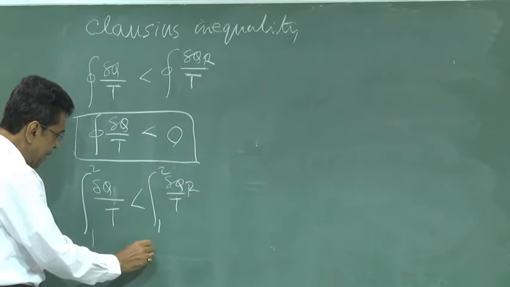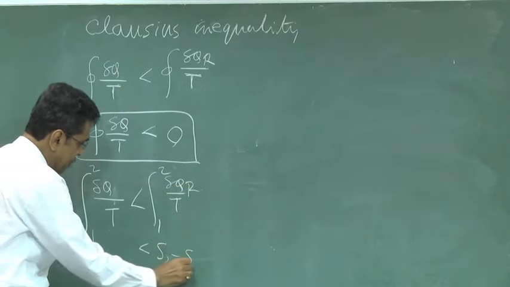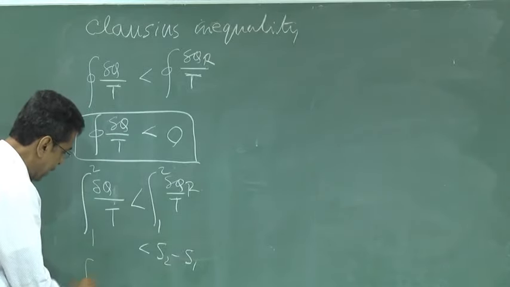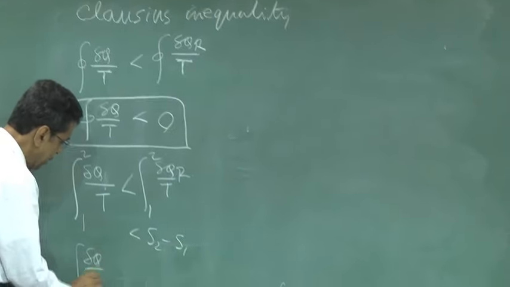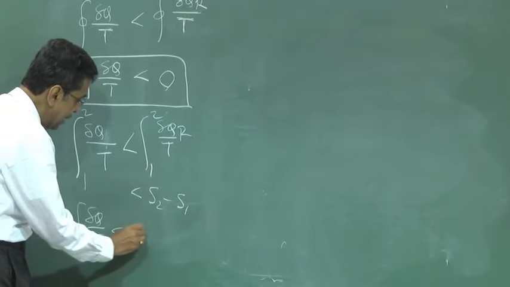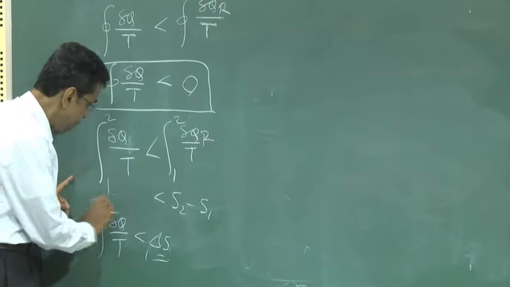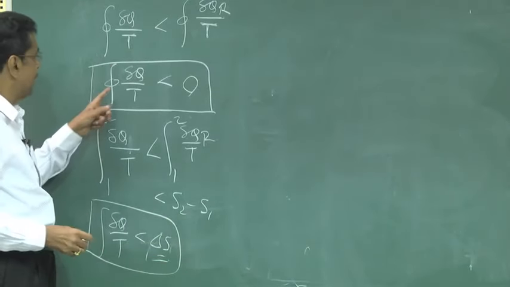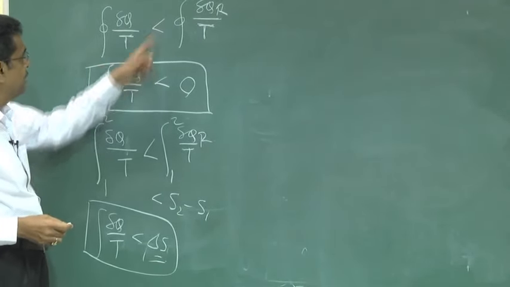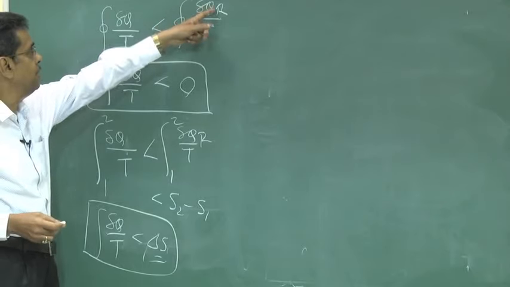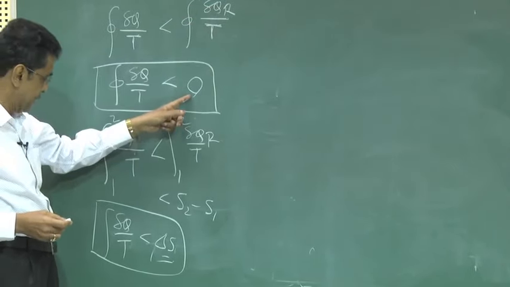That means this is less than, by definition, S2 minus S1, or we can say the finite value of del q by T is less than delta S in terms of finite changes. So in this form, the cyclic integral of del q by T is less than its counterpart cyclic integral in a reversible cycle, that means less than 0.